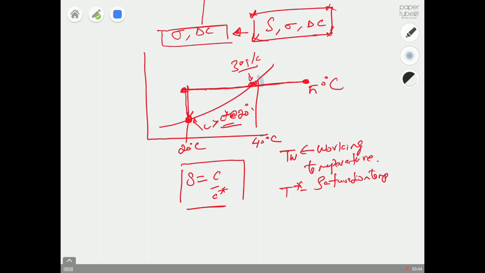Saturation temperature is this one, 30 degrees centigrade, T star, and your working temperature is 20 degrees centigrade. So that's how we create a supersaturated solution.